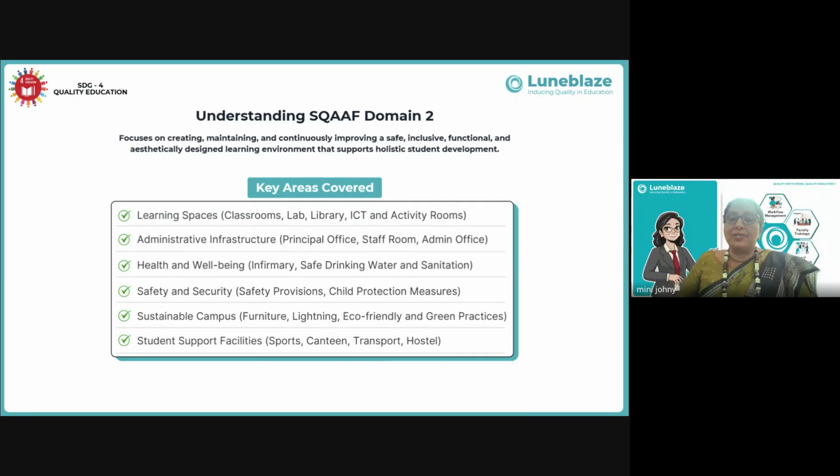Administrative infrastructure: the principal's office, the office, staff room, admin office, and how these are all maintained.